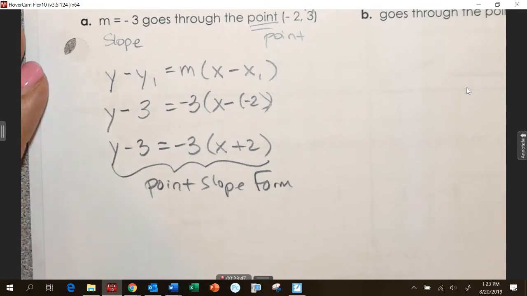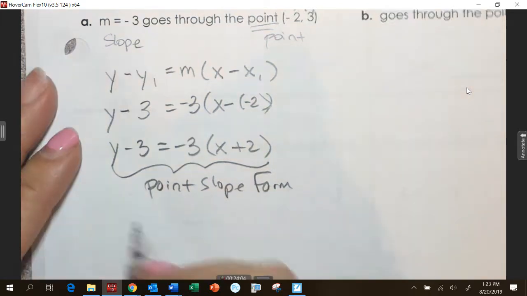That was pretty doable. I'll tell you, most of the time though, we don't usually leave it in point slope form. We usually take it and put it in a different format for whatever we want to use this for. So I'm going to show you. Let's take this one and change it into slope-intercept form.